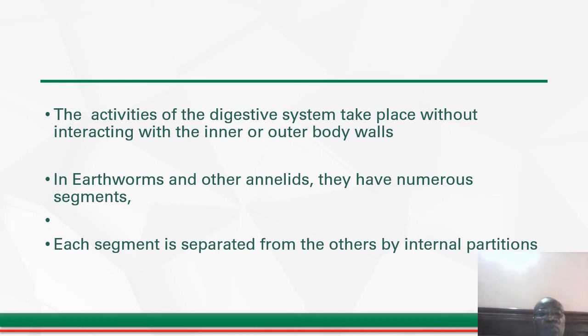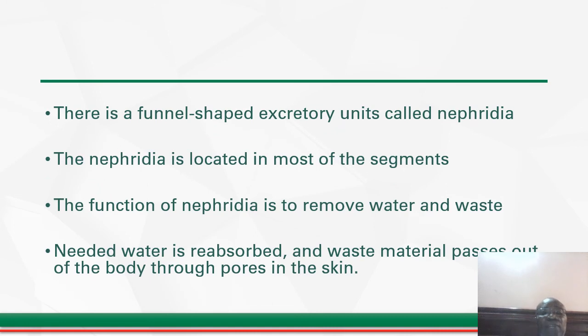In earthworms and other annelids, they have numerous segments, and each segment is separated from the other by internal partitions. There is a funnel-shaped excretory unit called the nephridia, which is an organ of excretion. The nephridia is located in most segments.